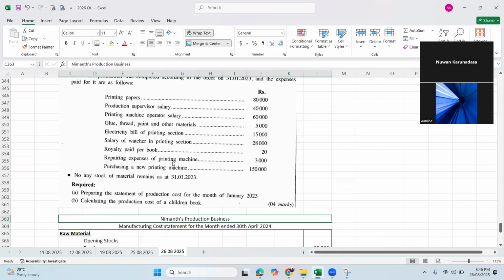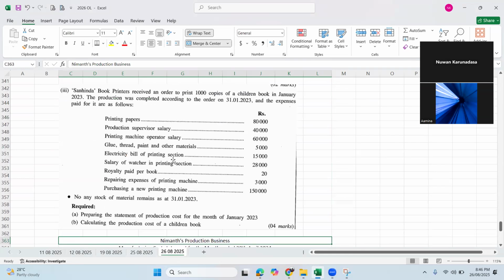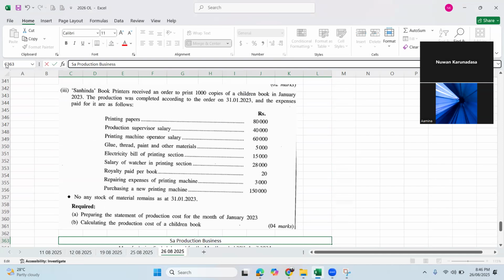So who's the business? Sun Hinder Book Printers.